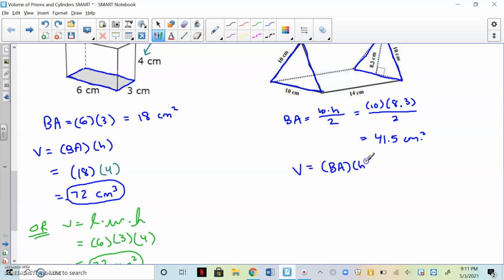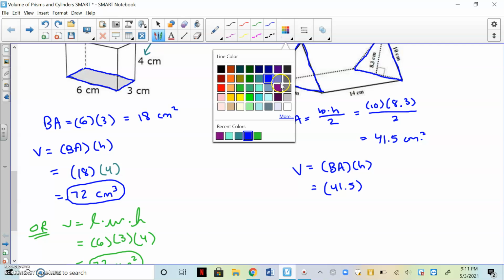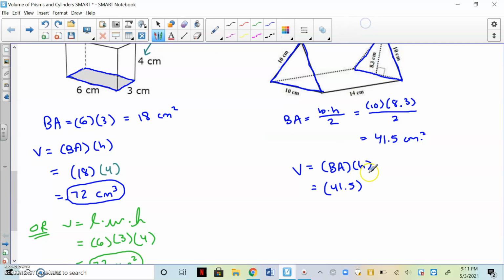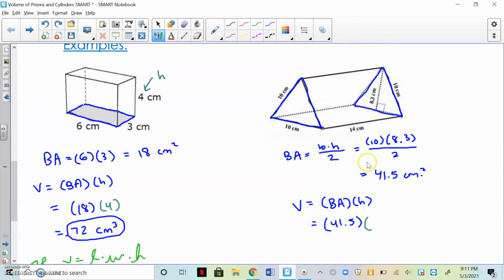So that being said, we can plug that into the volume formula now, which is base area times the height. So we would do 41.5 times our height of our prism, which is this 14. Now, it might be a little confusing to recognize this as the height because it's not vertical, but remember what I told you about this being laid on its side, right? This prism is laying on its side, so you have to remember that the height of a prism is always actually the distance between the two bases.